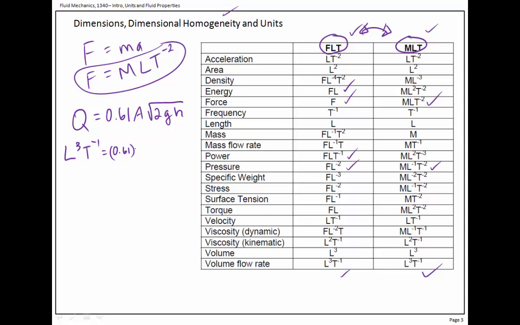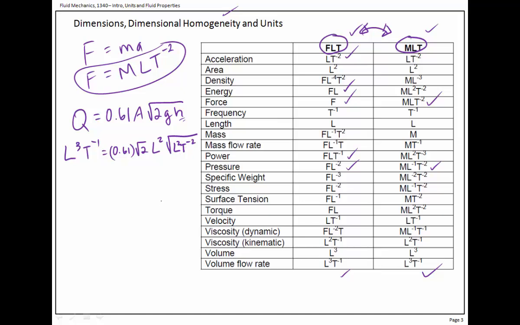All right, so I'm going to pull the square root of 2 outside of that. For A, that's going to be length squared. Acceleration is L t to the minus 2, and the h is another L, so under the square root we have L squared t to the minus 2.